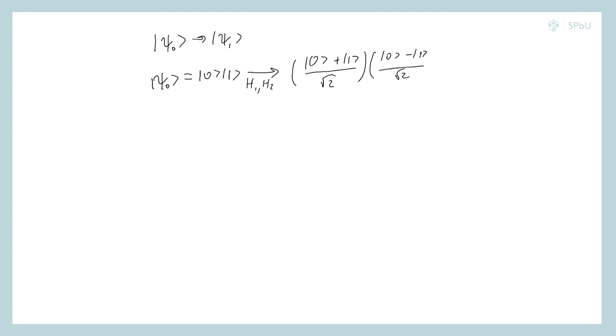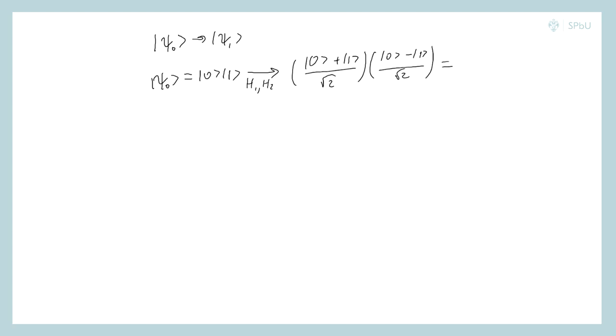The state psi1 could be written as follows: the 2-qubit state psi0 is 0, 1, and after the Hadamard transformation of the first and the second qubit, we have the state 0 plus 1 divided by square root of 2 and 0 minus 1 divided by square root of 2.